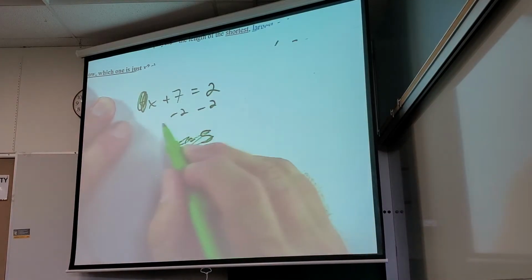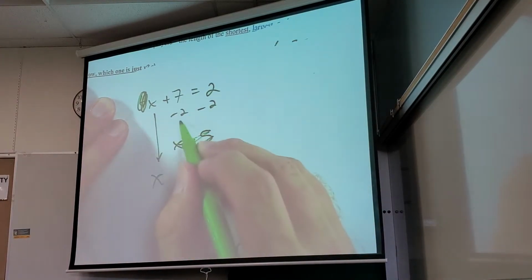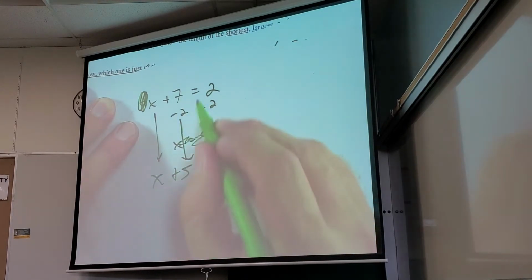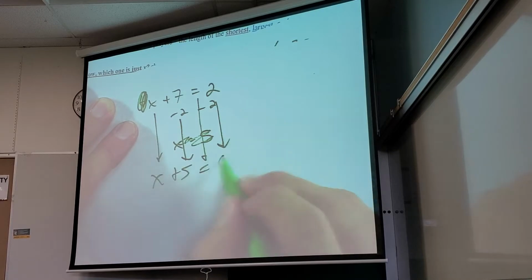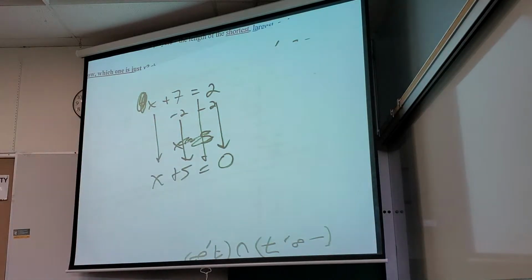If I did this, what would I get? x plus 5 equals 0. So when you do something to an equation, you have to write the result of what you did. You can't just go, it's got this and this in it, so that must be the answer. And then if you get there, you realize you did the wrong thing. I was supposed to subtract 7. But right where we are, we can just subtract 5 and be done with it, right? Okay.